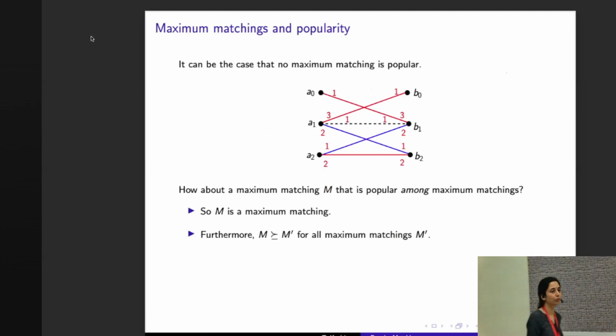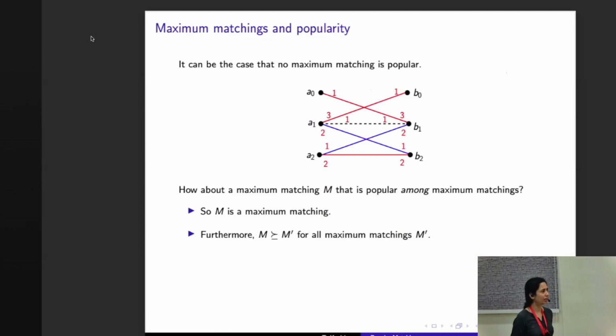It's okay for it to lose elections to smaller matchings, but smaller matchings by definition are unacceptable solutions. They are infeasible solutions, so we don't really care. Even if an infeasible solution is more popular than a maximum matching, it does not even matter whether our matching loses to such a matching or not. As long as it does not lose to another maximum matching, we are happy.